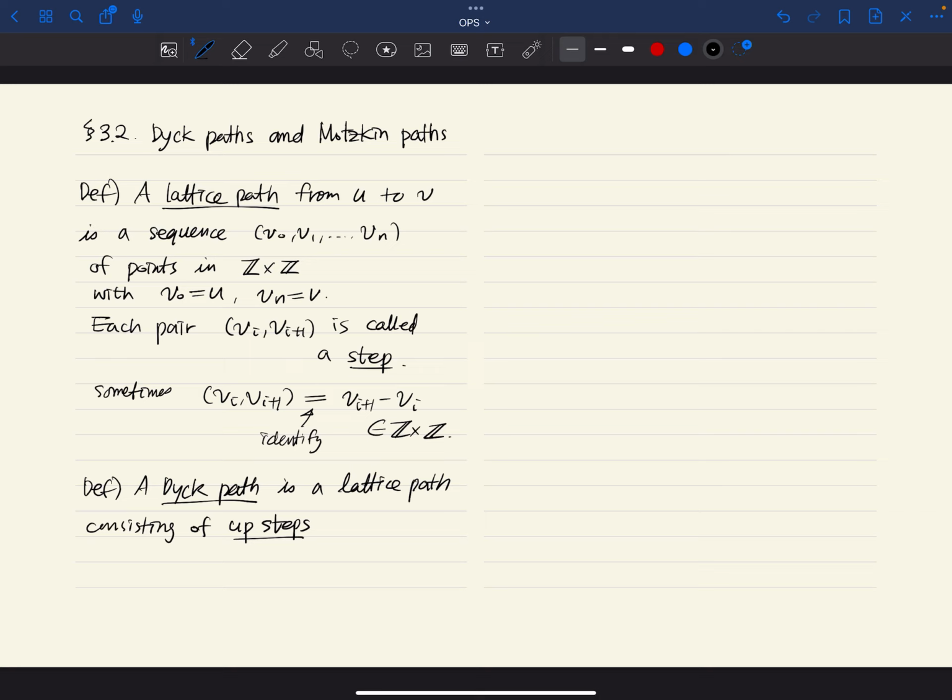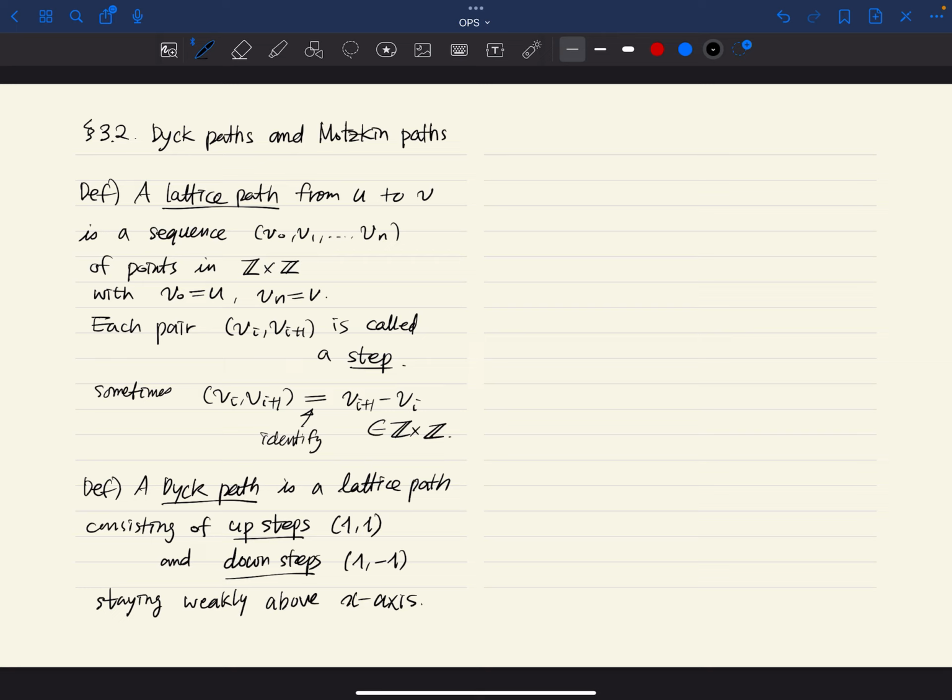Up steps are going to be steps of the form (1, 1), and down steps are steps of the form (1, minus 1), staying weakly above the x-axis. Weakly means it may touch the x-axis, but it will never go below the x-axis, okay?